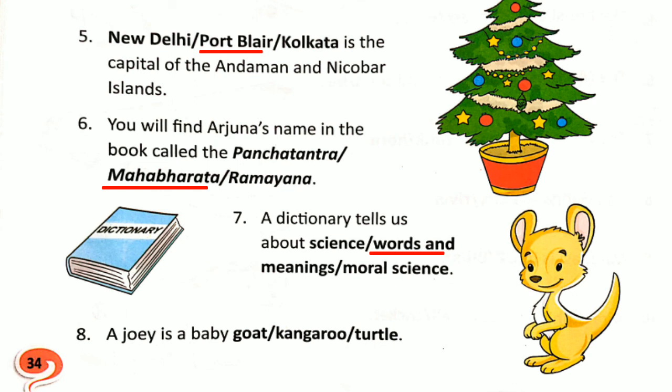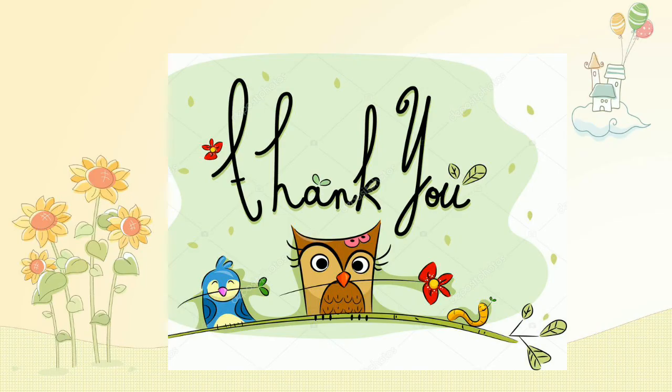Okay, now number 8 and last: a joey is a baby goat, kangaroo, or turtle. A joey is a baby kangaroo. Here we also have a photograph of a baby kangaroo. Very good. Hope you all learned and enjoyed this lecture.